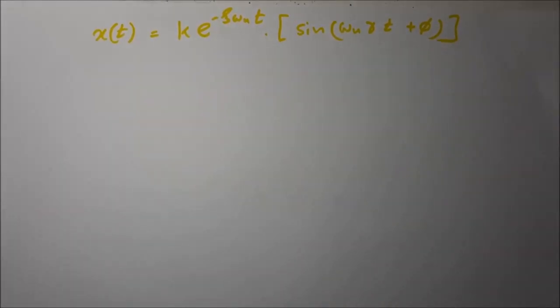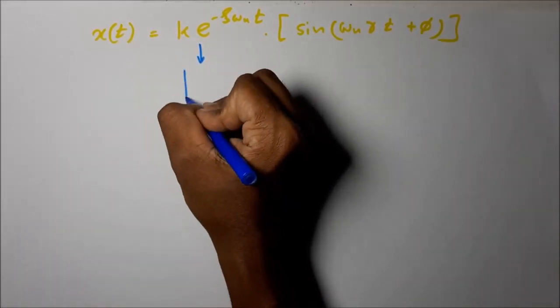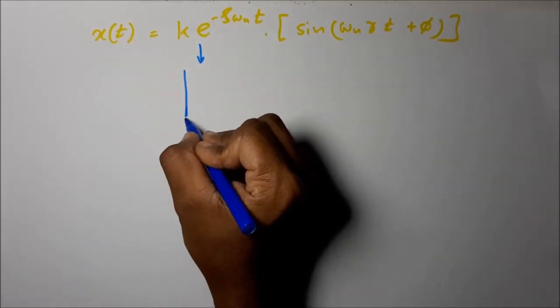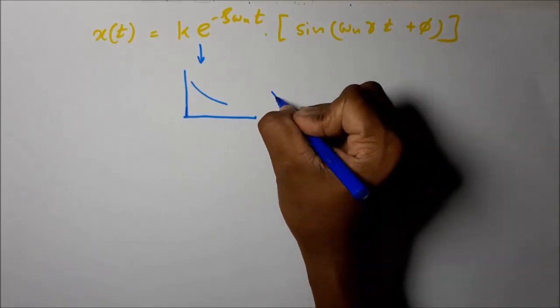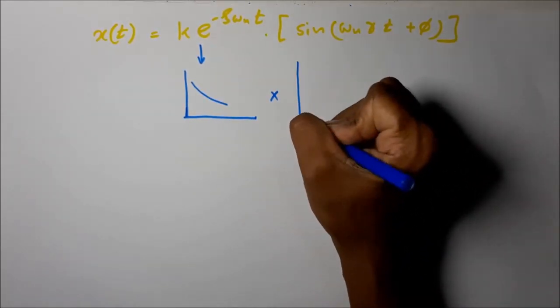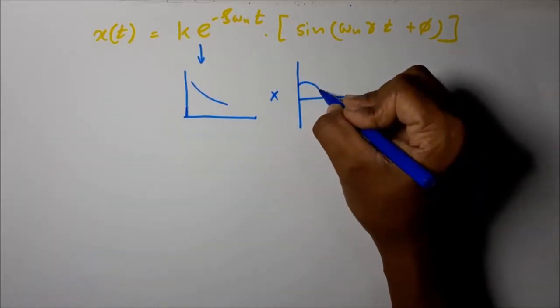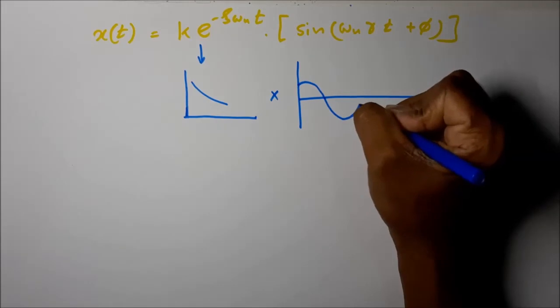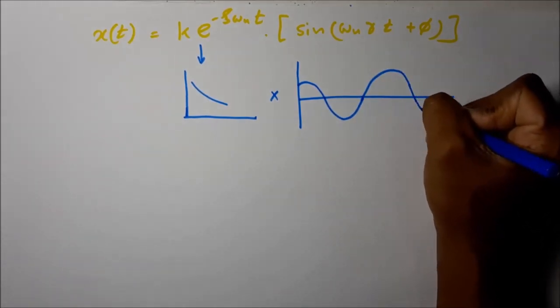Then what is the shape of this curve? The first term, the negative exponential term, gives a decaying curve like this, multiplied with the phase shift sine function, something like this.